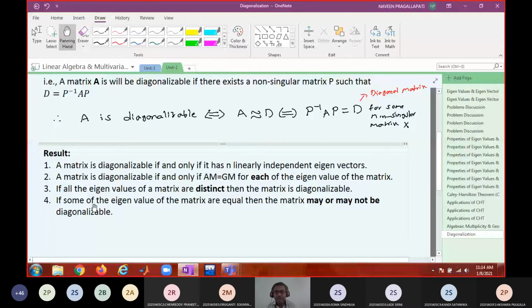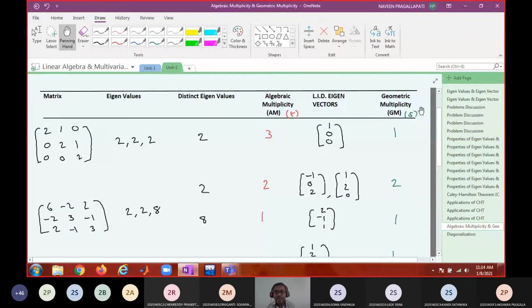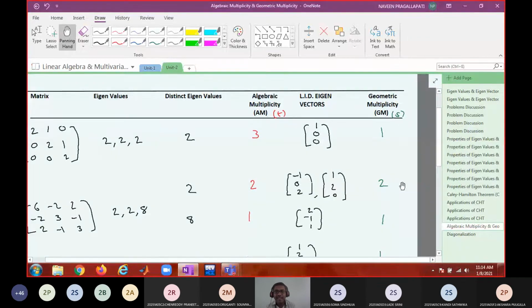Okay, so you may add one more column here, and write it as a note: A is not diagonalizable, A is diagonalizable. Or you may write here, you add one more column: total number of independent eigenvectors. After geometric multiplicity, you add one more column: total number of linearly independent eigenvectors.